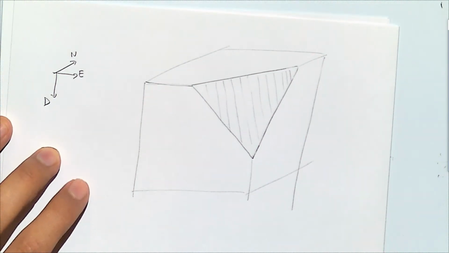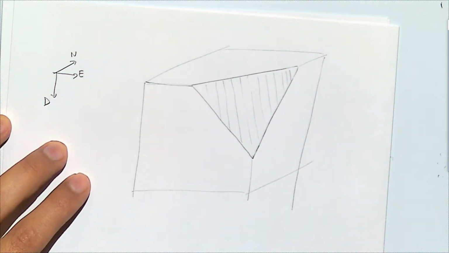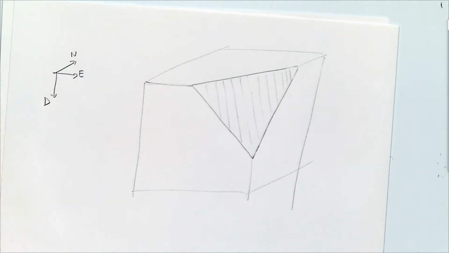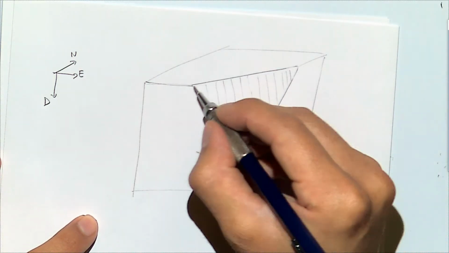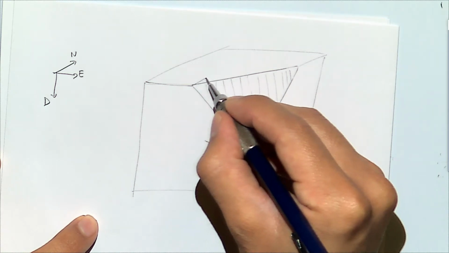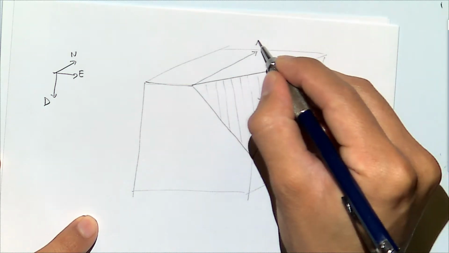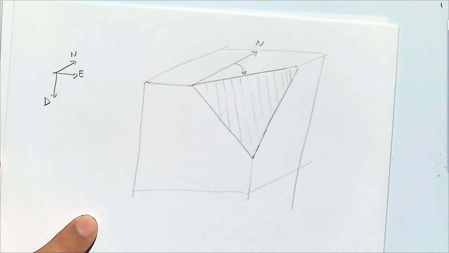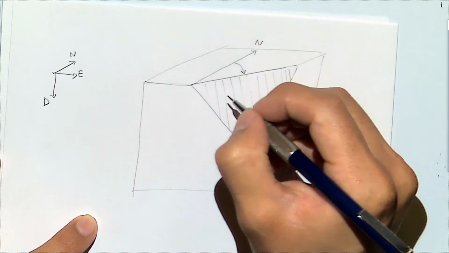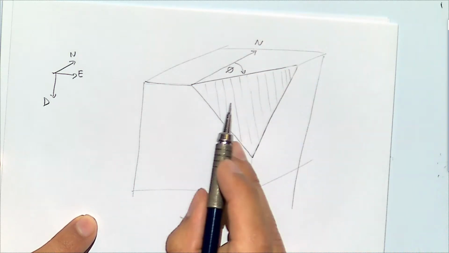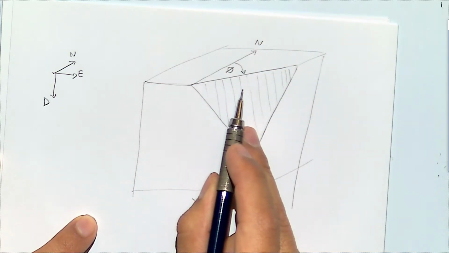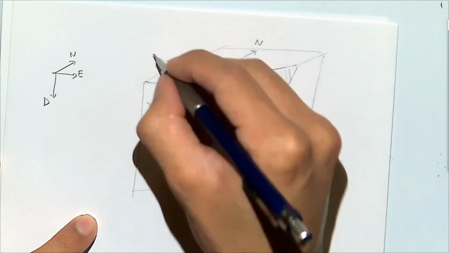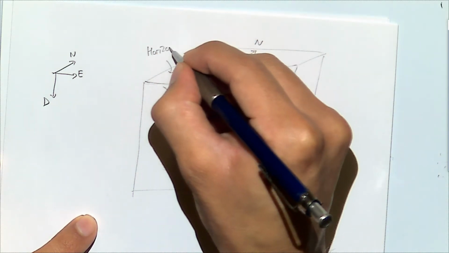All right, the first thing we're going to define is what is called the strike of the fault, or in general of any plane in here. And this is going to be the angle. This is the north. It's going to be the angle between the north and the intersection of this plane with the horizontal plane. So in this particular cube, this is a horizontal plane.